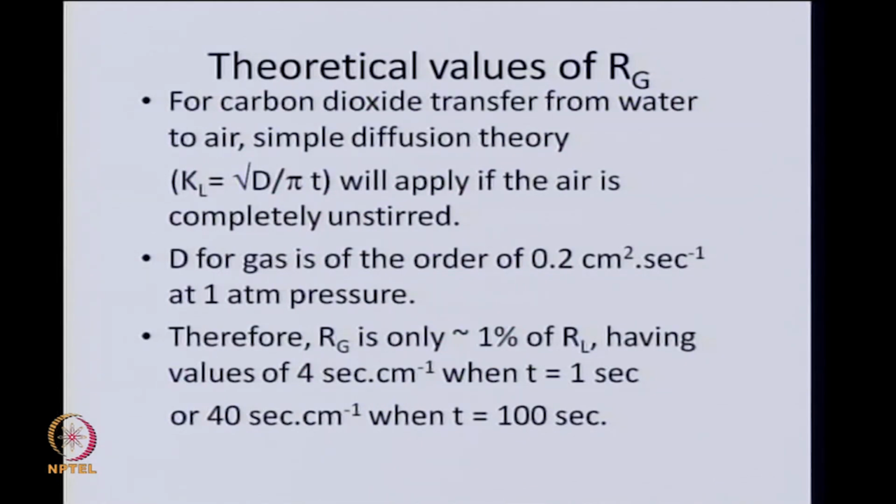So, the gas phase resistance is in general quite low, and the value comes out to be about 4 seconds per centimeter for a time of exposure of about 1 second. Then when you go to a time like 100 seconds, there is a 10-fold increase in the gas phase resistance. It jumps to about 40 seconds per centimeter.